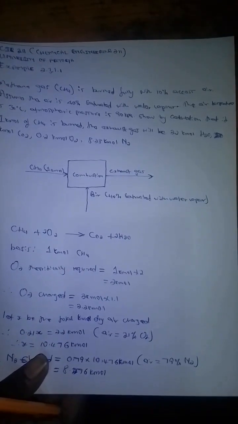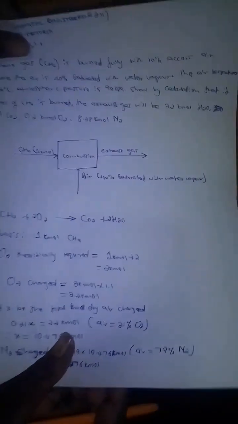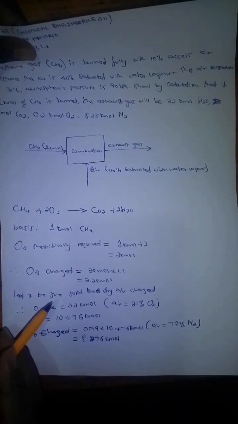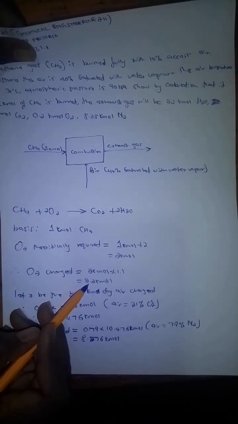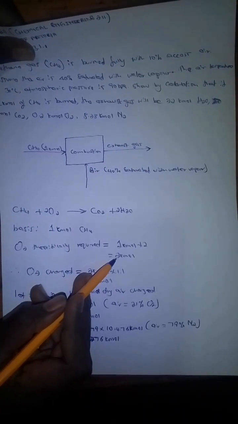So firstly, we can start with the oxygen. We know that O2 in the exhaust gas is equal to, remember the O2 that was charged is 2.2 kilomole, but the O2 that reacted is 2 kilomole. So we can say 2.2 kilomole minus 2 kilomole is equal to 0.2 kilomole.